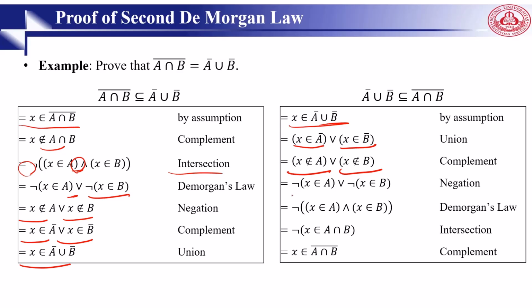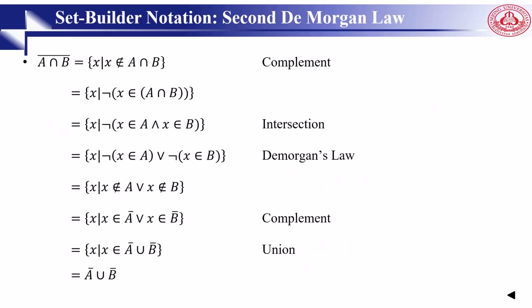Then again, we apply the negation here. We apply based on the Morgan law. We apply to A and B. Then the negation comes outside, and finally we will come with complement of x. When we say negation of x in intersection of A and B, it means x is in the complement of intersection A and B. So simply we can prove it.